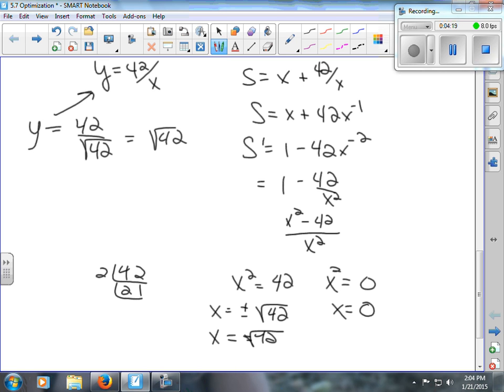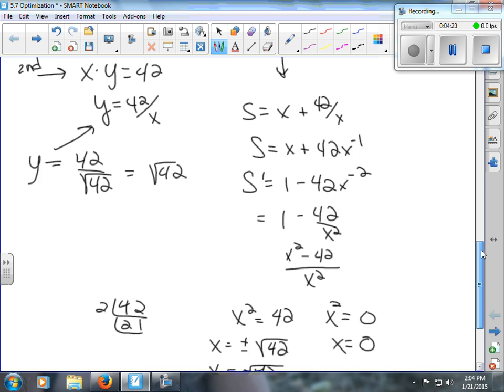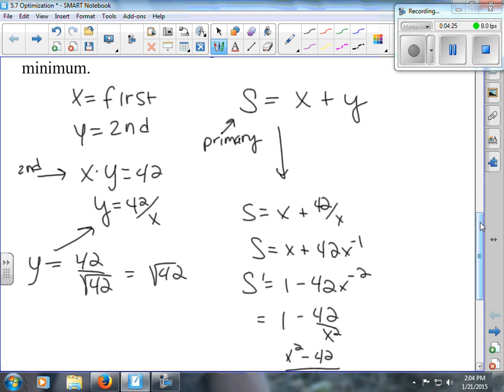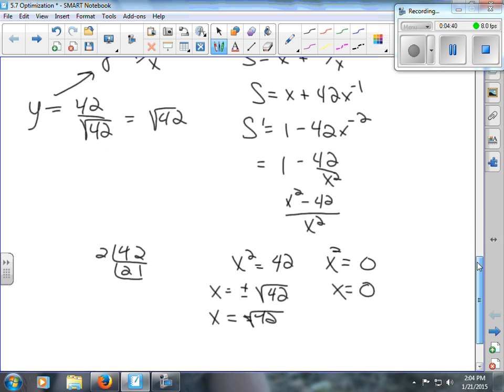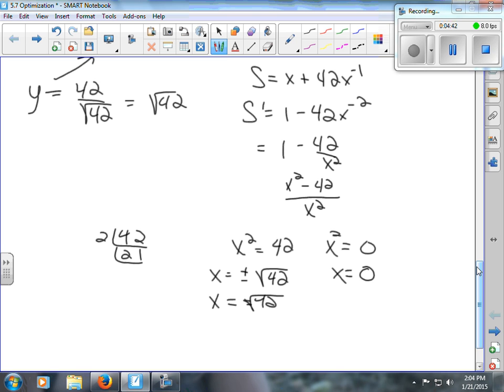And x cannot be 0, can it? One of the parts of the directions said to only use the numbers that make sense in terms of the problem. And it doesn't make sense for x equals 0, because then I would have a product of 0, not a product of 42.